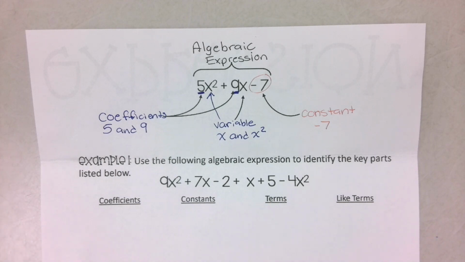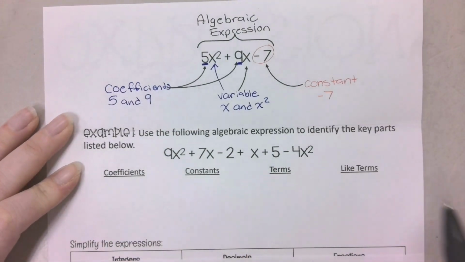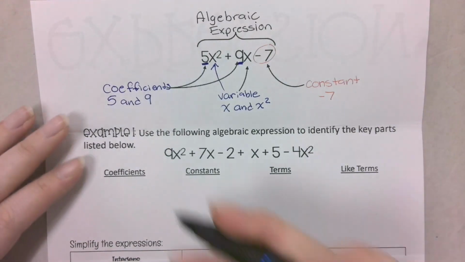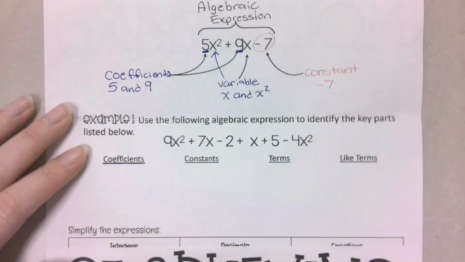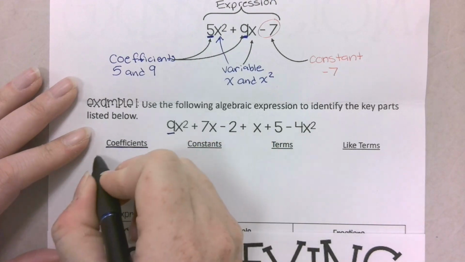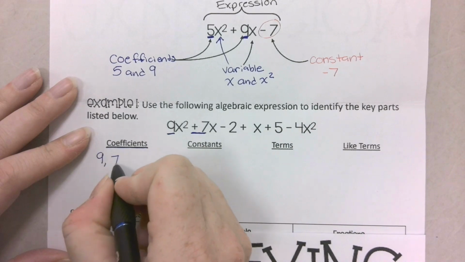Okay, let's look down below. We're going to use this expression to list all of the following. First and foremost, let's list our coefficients. Remember, our coefficients are the numbers that are attached to our variables using multiplication. So here's one right here. We have 9, comma, a +7, comma.